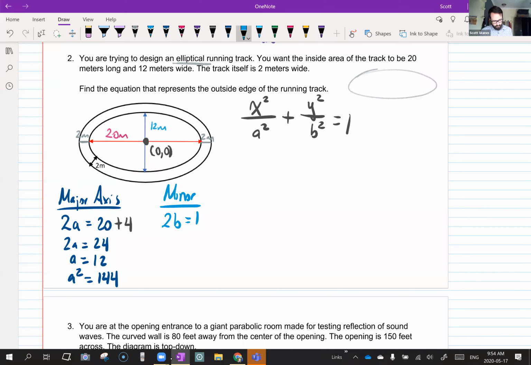Let's see. 12 plus 2 plus 2. Yeah, maybe I should have done that in the other case as well. I'll call this plus 2 and plus 2, just to be clear. That means 2b equals 16. So b is 8. B squared is 8 squared, 64.